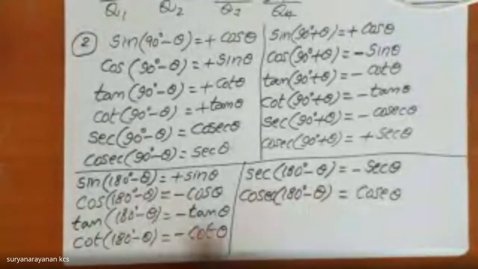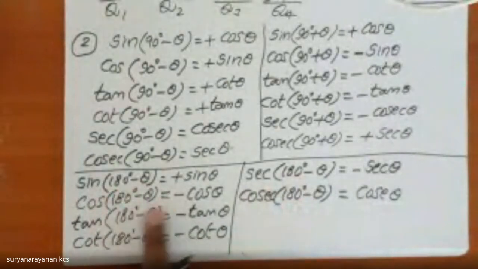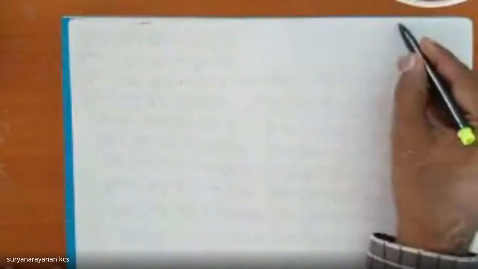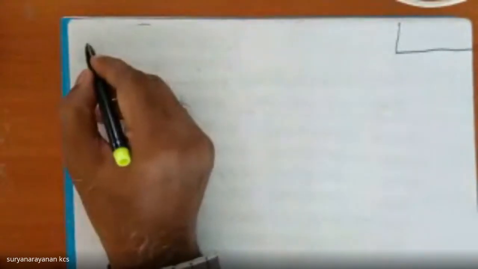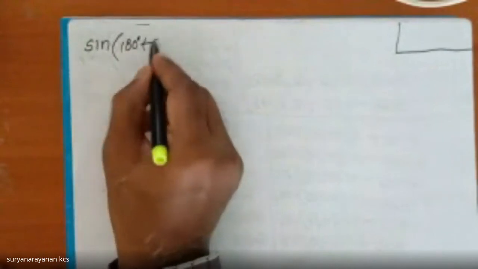Okay, my dear children, we have written all the six trigonometric functions for 180 degrees minus theta. Now I will ask you the trigonometric functions of the angle 180 degrees plus theta. These are very, very important points. Sine 180 degrees plus theta.